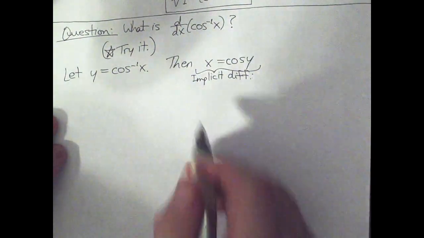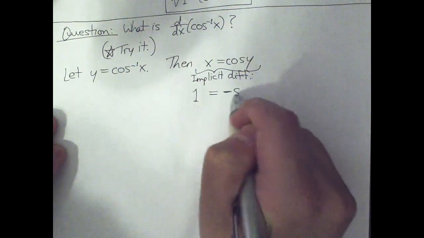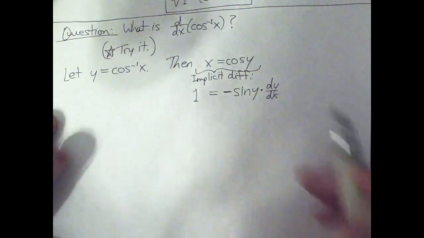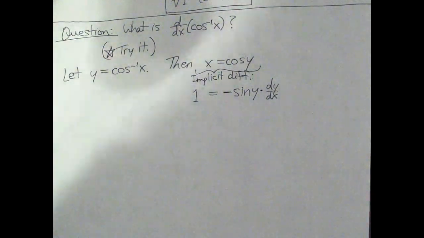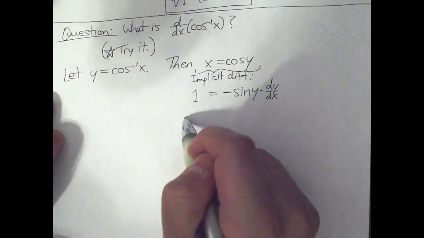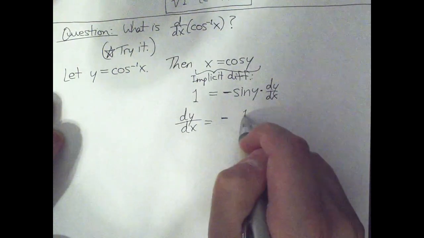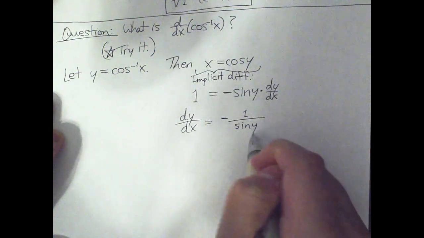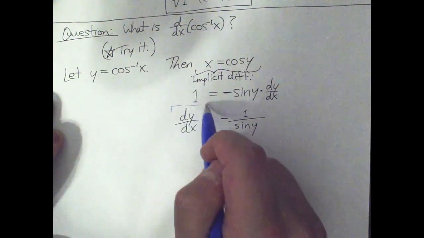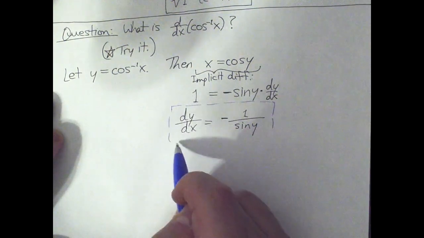D dx of both sides is going to give us 1 equals negative sine y times dy dx. The negative is because derivative of cosine is negative sine. And then we get dy dx equals negative 1 over sine y. And this is kind of that tentative step. It's like kind of a formula, but it's not the finished formula.